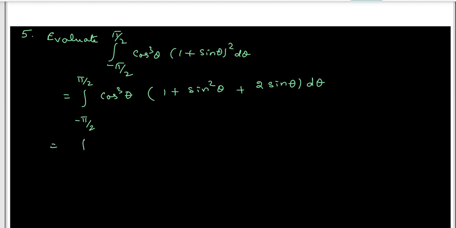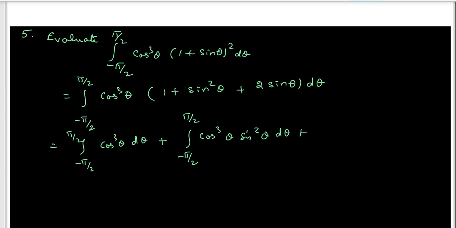Again further, minus pi by 2 to pi by 2 cos cube theta, we will split and write cos cube theta d theta plus integral minus pi by 2 to pi by 2 cos cube theta sine square theta d theta, then split again minus pi by 2 to pi by 2, 2 into sine theta cos cube theta d theta.